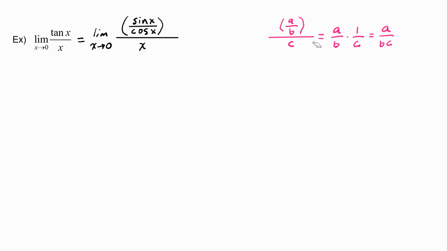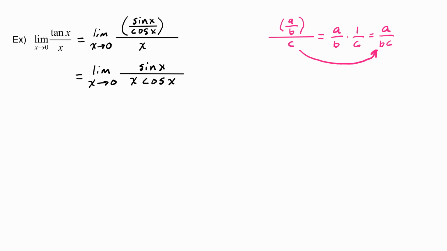So when you have a rational expression in this form, you can immediately write it in this form. So then in our case, we will have the limit as x goes to 0 of sine of x over x cosine x.